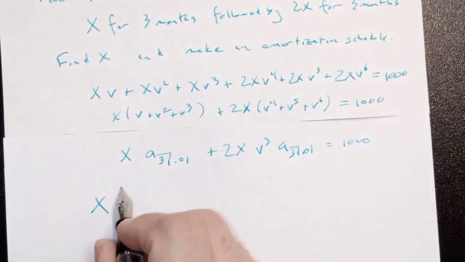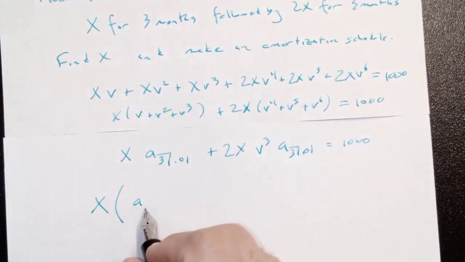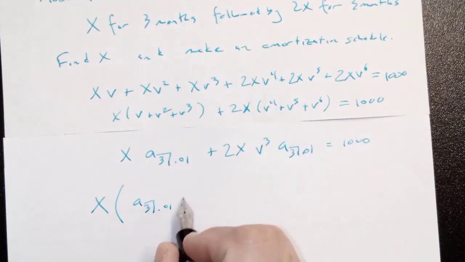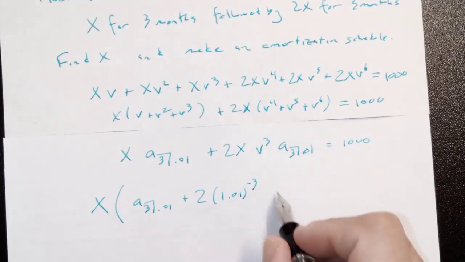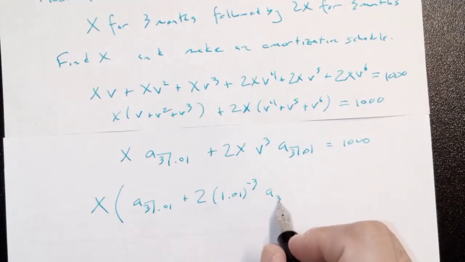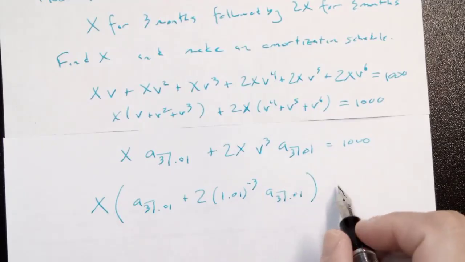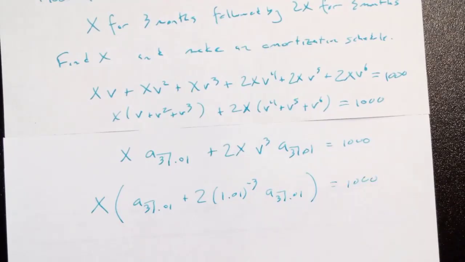factor out an X, and I get A3 at 1% plus 2, 1.01 to the negative third times A3 at 1% equals 1,000. Now I just have to know what those numbers are in the middle.